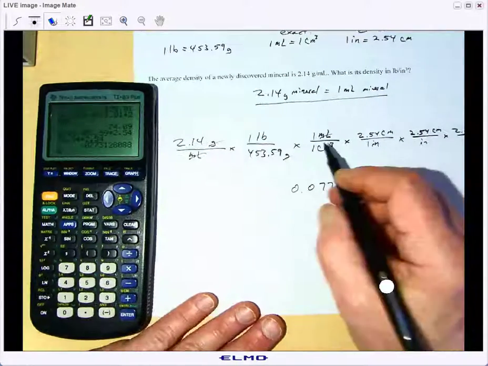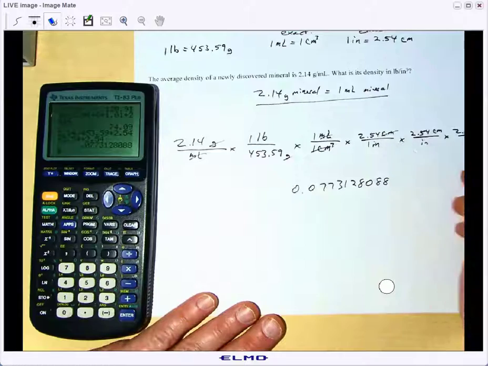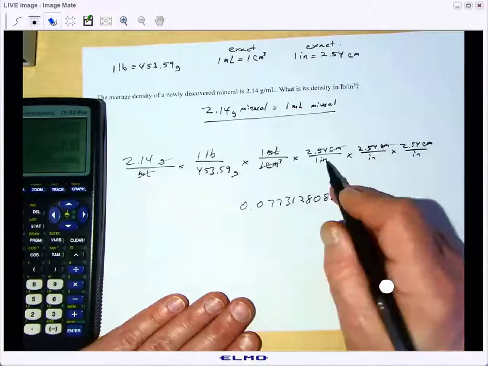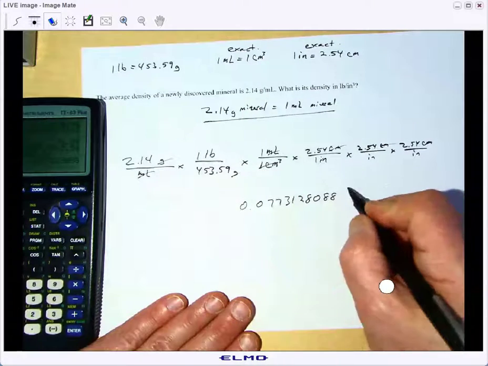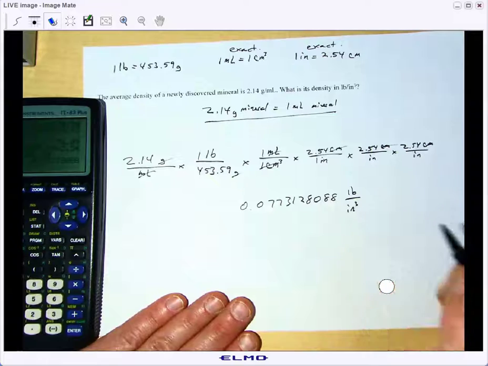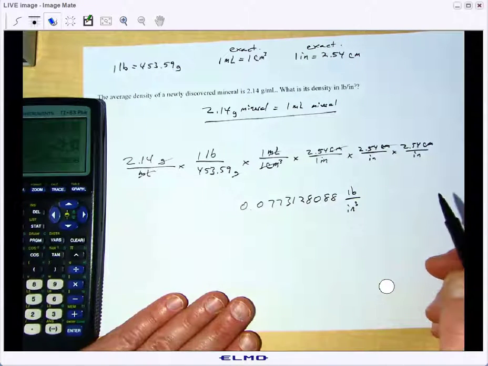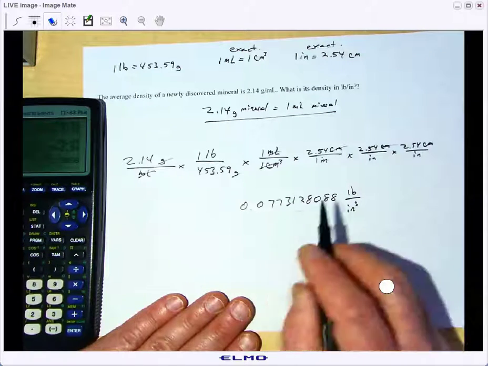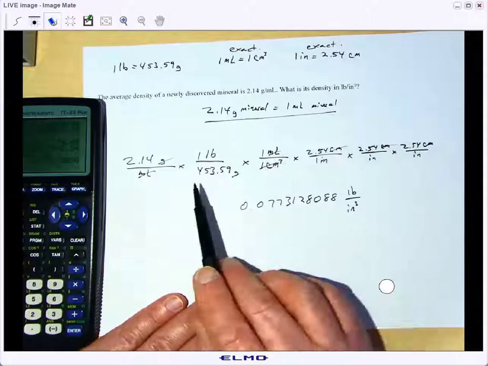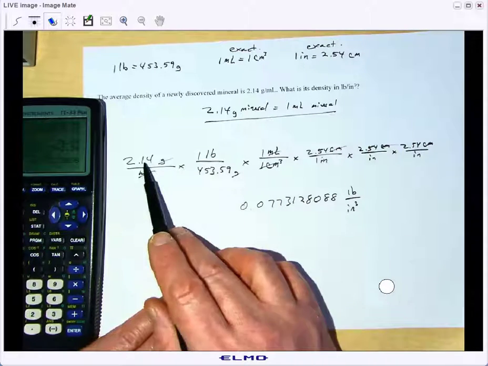The units here, since we have centimeters canceling with these, right? then we're going to be in units of pounds per inches cubed, right? And that is our answer, but we need to think about significant figures. How many significant figures do we have? Well, this one had 5. This one has 3.